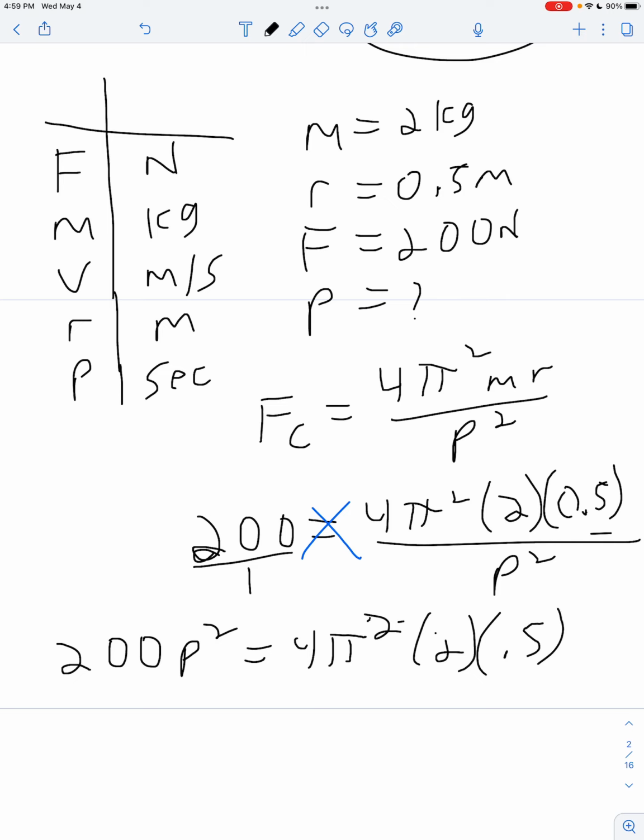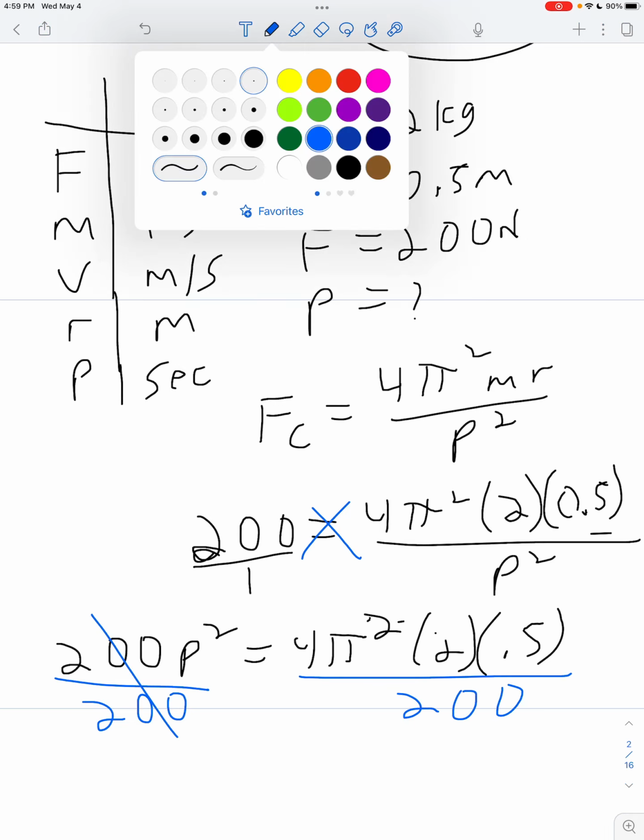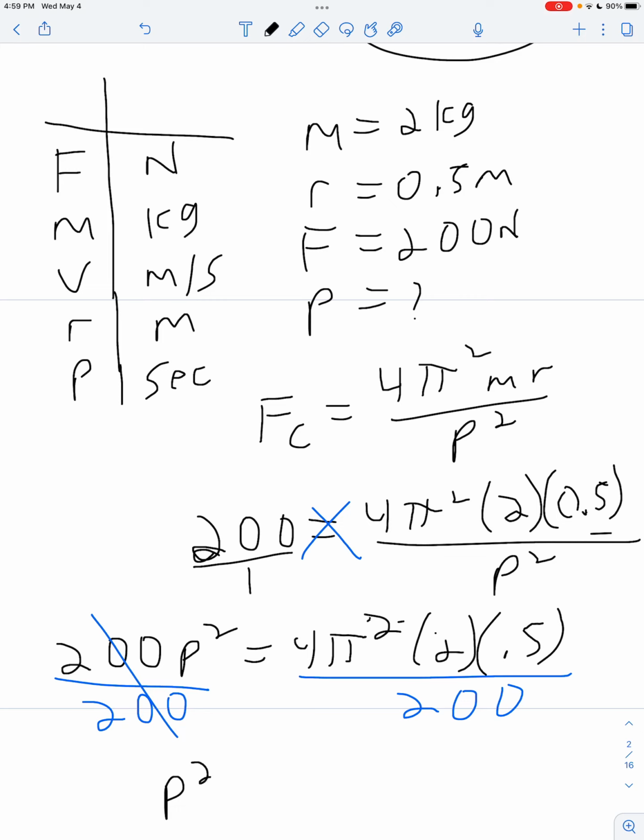All right. I am then going to divide both sides by 200. And so I'm left with p squared equals 4 pi squared times 2 times 0.5 over 200.